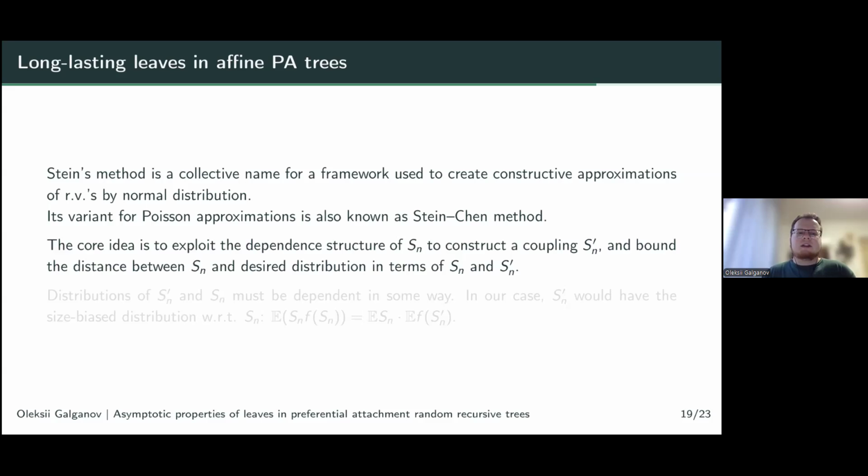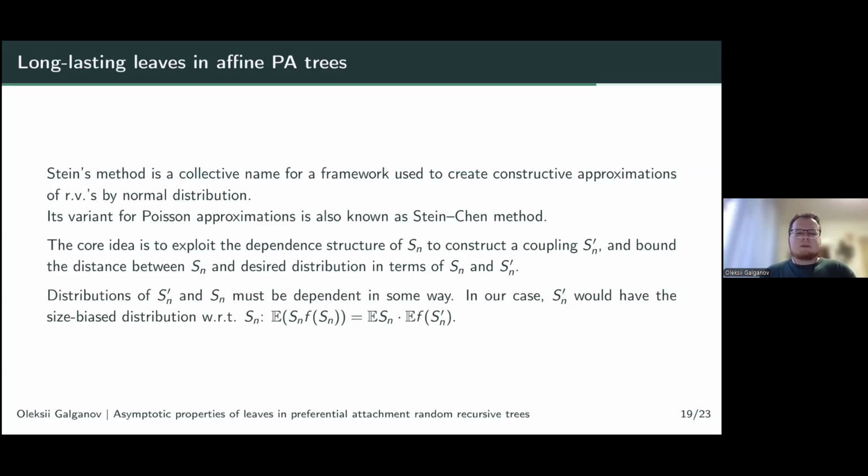The core idea behind this framework is to exploit the dependent structure of random variables, in this case indicators, within some Sn, to construct some coupling S prime and bound the distance between Sn and the desired distribution in terms of Sn and S prime. Obviously, the distributions of Sn prime and Sn must be dependent in some way. In our case, Sn prime would have the size-bias distribution with respect to Sn.